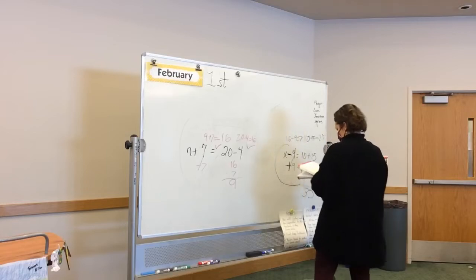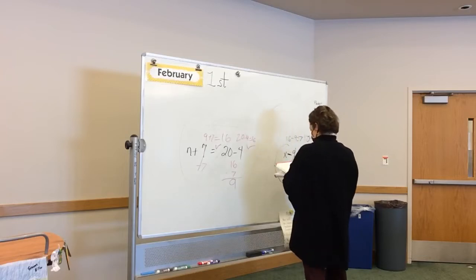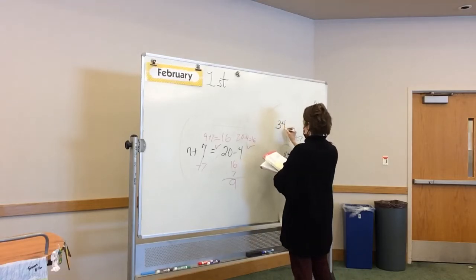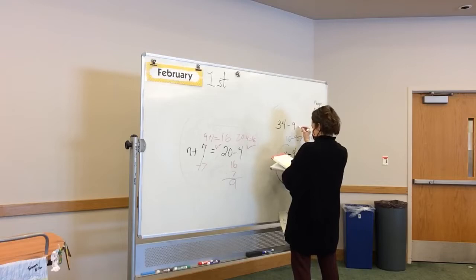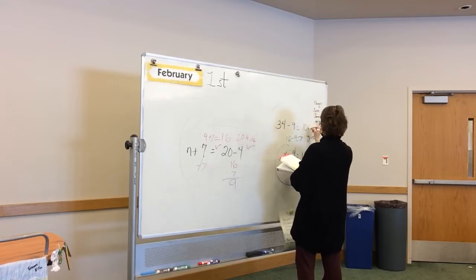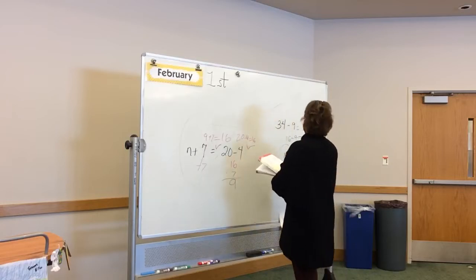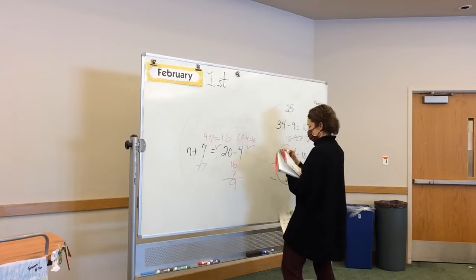There we go. Or 34. Good Lord. So then 34 minus 9 equals 10 plus 15. And what is the answer? 25. 25. Exactly. All right.